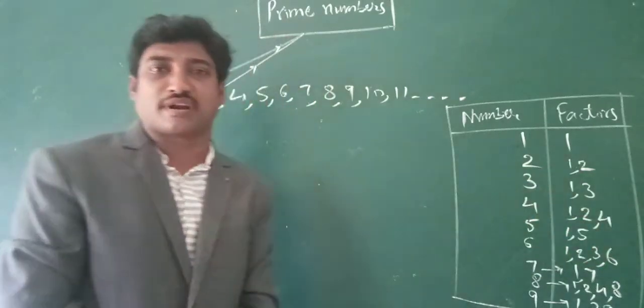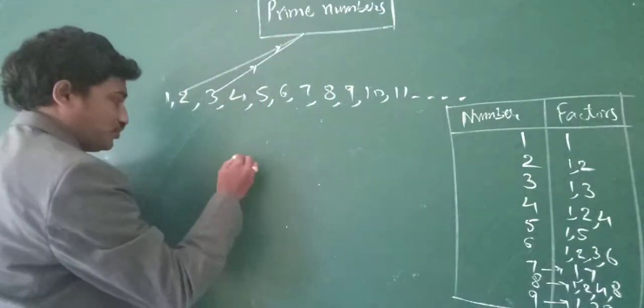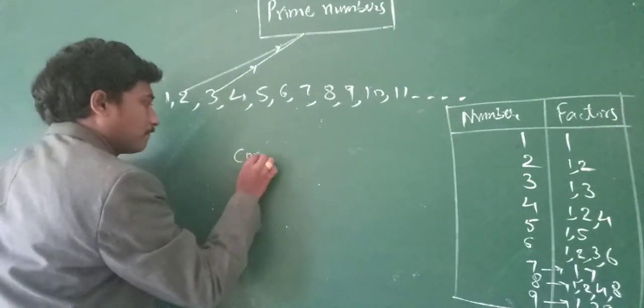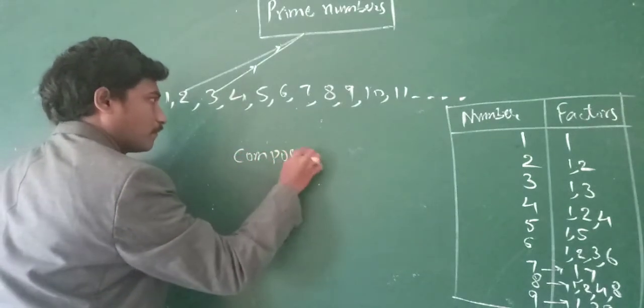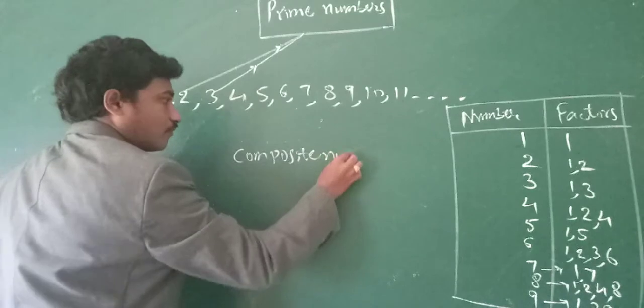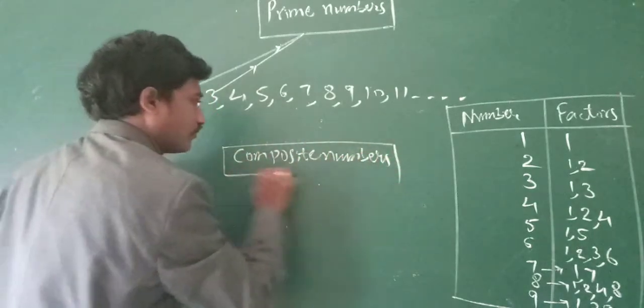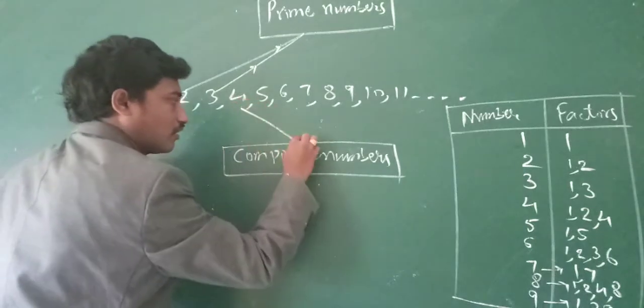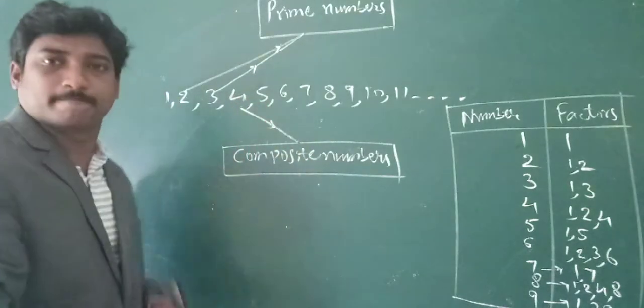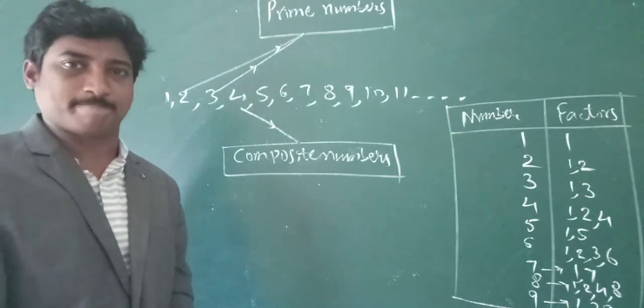So it comes under composite numbers. 4 is a composite number.